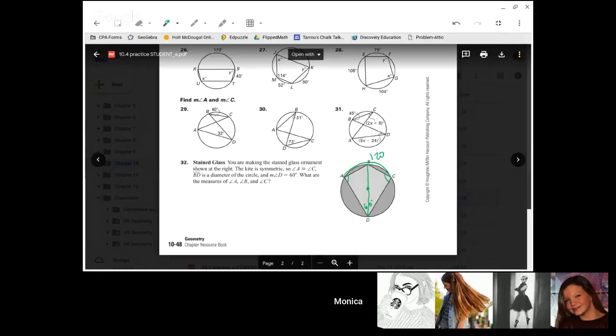So if this part's 120, what's this part? 240. So that would be the part that's formed by angle B, right? So if that's 240, then can we calculate the measure of angle B?